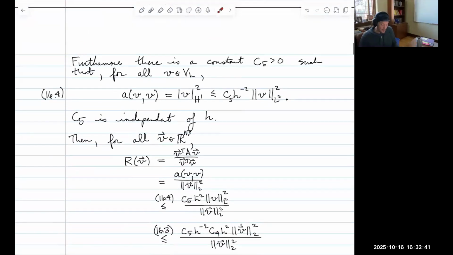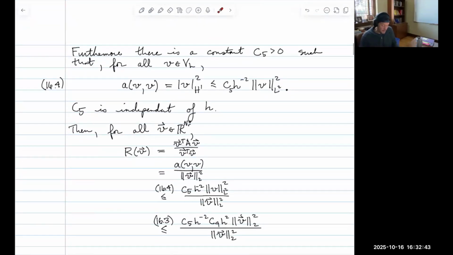We're going to use what's called the Rayleigh quotient. The Rayleigh quotient for a symmetric positive definite matrix A is a well-defined object. And well, I suppose it's well-defined if A is even just a symmetric object.